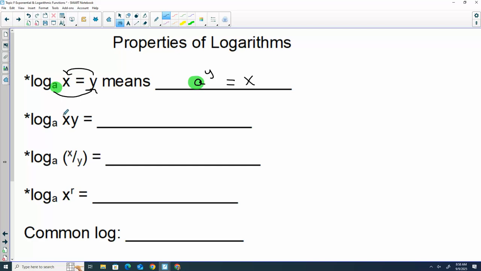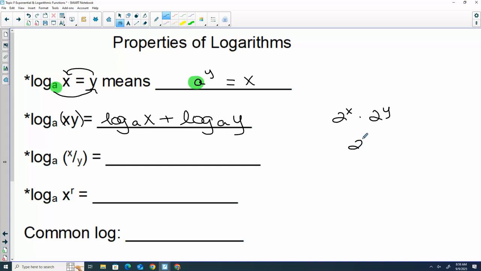Properties of logs. If you have the log of two things being multiplied together, how do you break those apart? Log base A of x plus log base A of y. That has to do with our properties of exponents. If I said like 2 to the x times 2 to the y, we end up adding those exponents, so that's why when we break apart the logs, we add them.